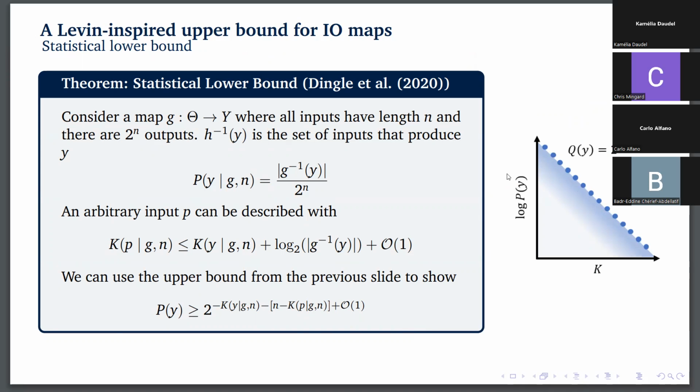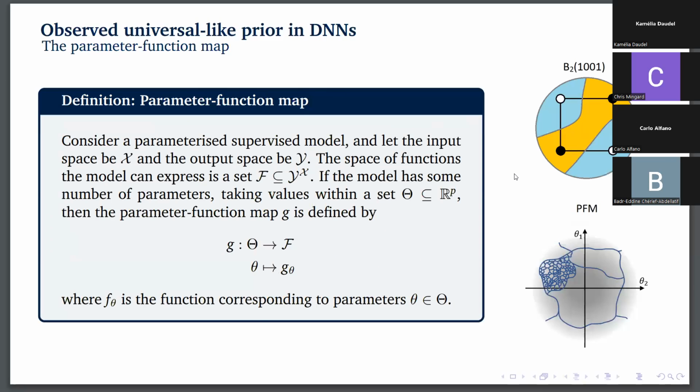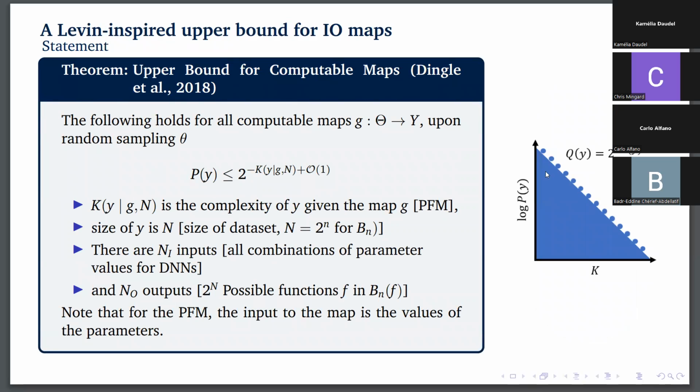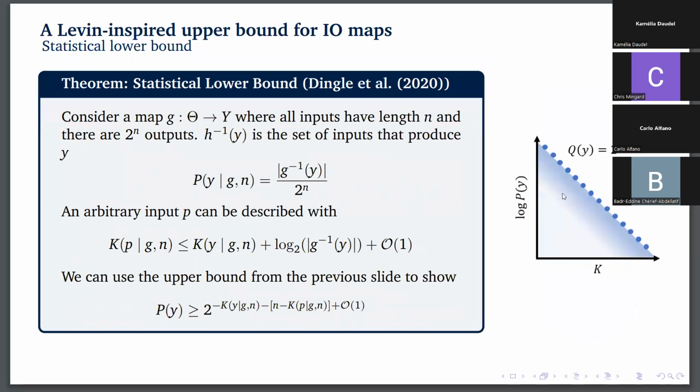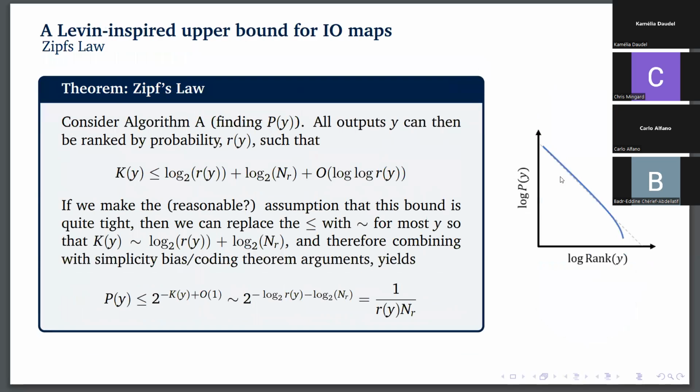So again, in principle, the worst case is all we know is that the probability of some input y with some Kolmogorov complexity k is going to be less than this bound. But we have this statistical lower bound, which suggests that most of the mass should exist quite close to this upper bound.